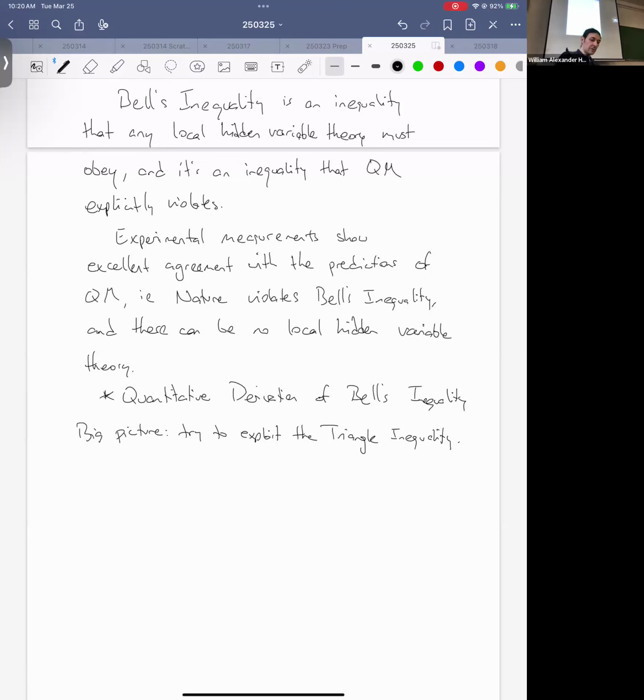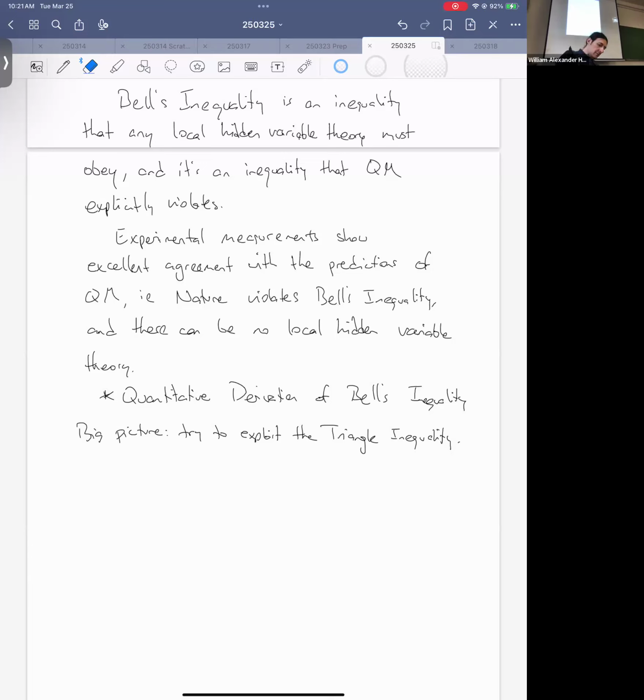I'm giving you this big picture idea because I'm going to write down a bunch of stuff and show you that you get an inequality, and I'm trying to motivate why you would construct this in the first place, beyond simply that Bell was brilliant and deserves a Nobel Prize for this.